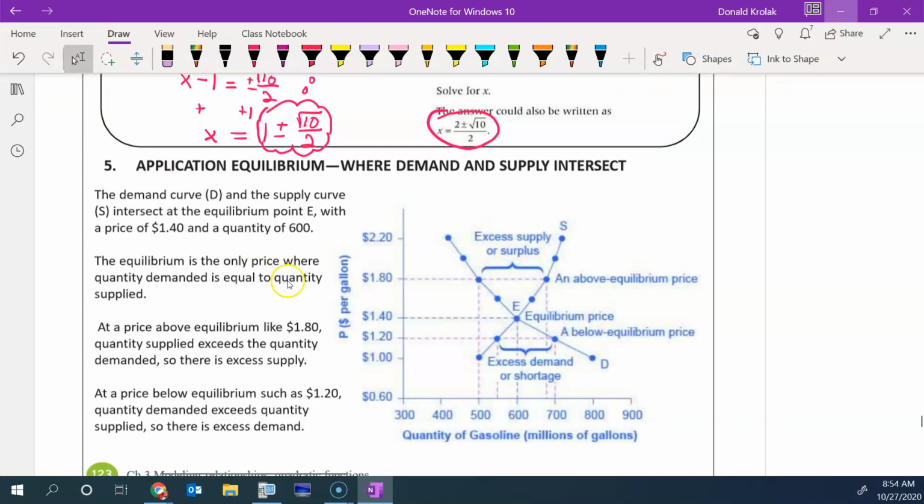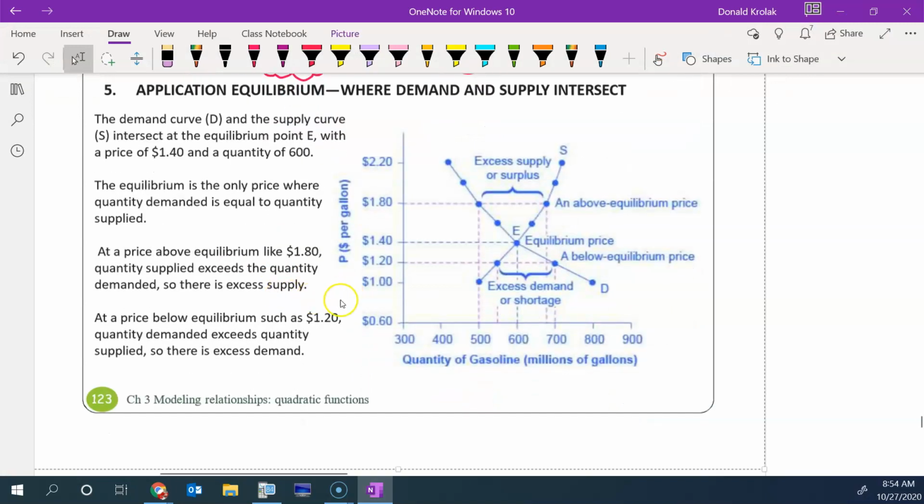Okay. So that's just explaining. On your notes here, this is the correct supply and demand curve, where price is on the y-axis, quantity is on the x-axis.